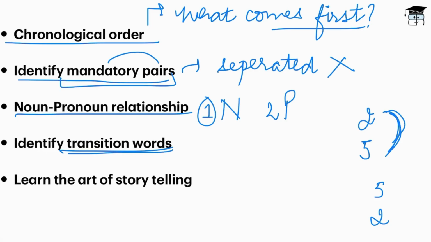Right. Okay, the last technique is learning the art of storytelling. Now, this is the most important technique, as this technique will tell you about all the summary, about all of the techniques that we solved in here and here. Okay.